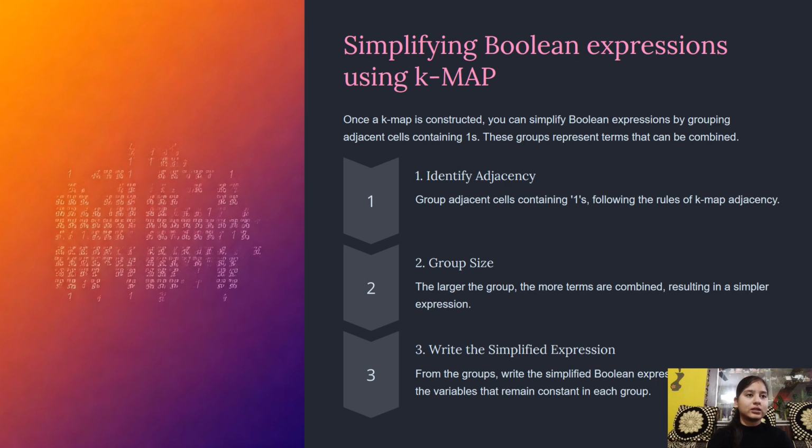Group adjacent cells containing ones following the rules of K-map adjacency. Group size. The larger the group, the more terms are combined, resulting in a simpler expression. Write the simplified expression. From the groups, write the simplified Boolean expression by identifying the variables that remain constant in each group.